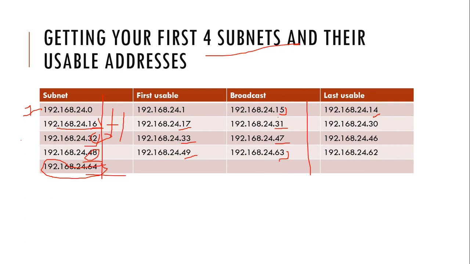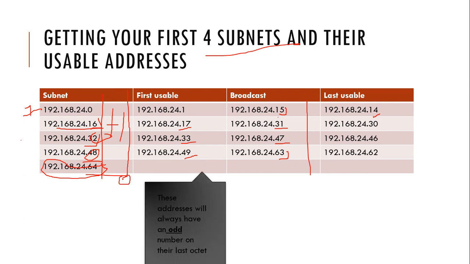Okay, sometimes you can lose it. In order to check that at least you are not that wrong or that far, you must check that these addresses will always have an odd number on their last octet. You must check this octet. It must be an odd number.